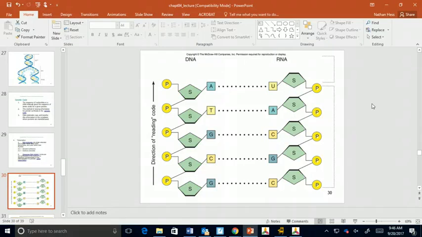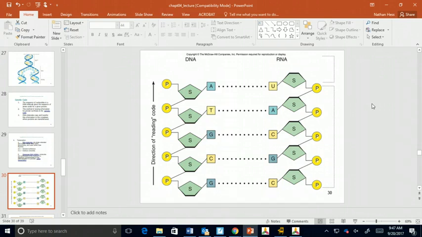They're showing you here the pairings. Over here you have a DNA. Over here you have an RNA. Notice that the A from the DNA is not paired with a T as it normally would be for a DNA. It's paired with a U, right? The T here is still paired with an A in an RNA.